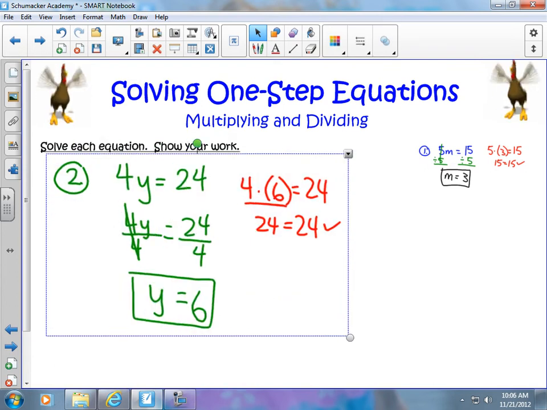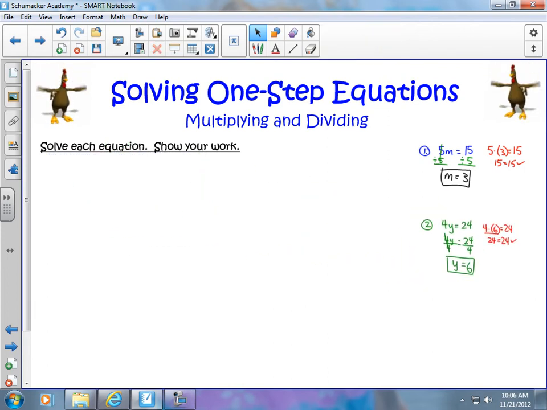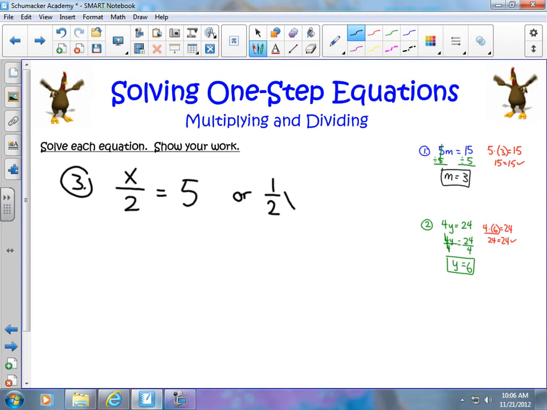All right, so you may be wondering, well, what happens if I have a division problem? Well, we can do a couple of division problems, see how they work out. What if I have x divided by 2 equals 5? So when you see this, you can think of this either as x divided by 2 equals 5, or, actually, this means the same thing as 1/2 times x equals 5.